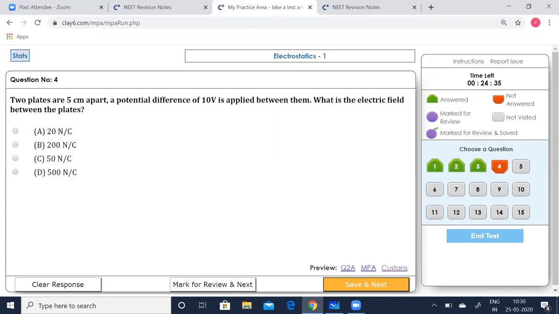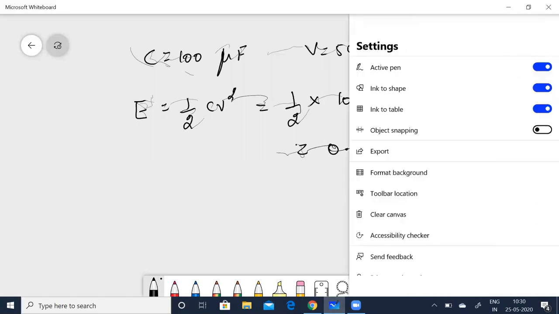In a capacitor, the two plates are 5 centimeters apart. A potential of 10 volts is applied between them. What is the electric field between the plates? All right. So V is given as 10 volts and d is 5 centimeters.